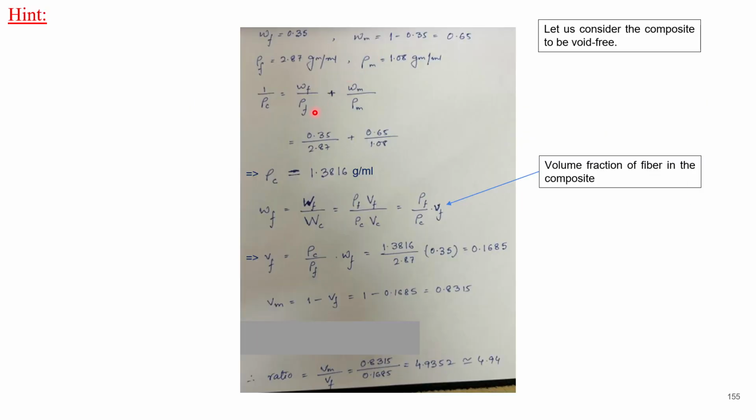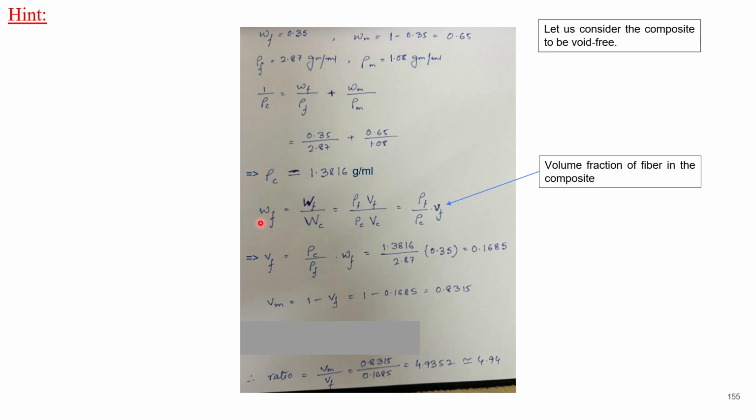So if you see here, this value Wf equal to 0.35 is given in the question. So Wm is equal to 1 minus 0.35 equal to 0.65. So we are considering the composite to be void free. Okay, so rho f equal to 2.87 gram per ml and rho m equal to 1.08 gram per ml. So using this relation, we can find the rho c value, which is 1.3816 gram per ml.